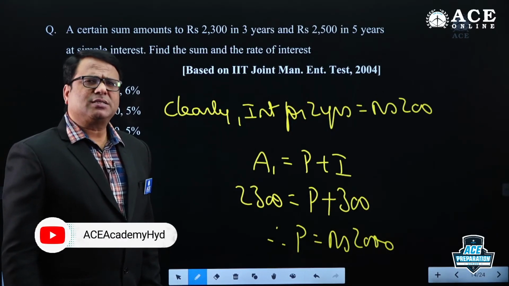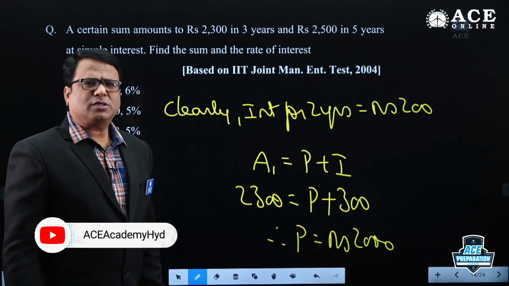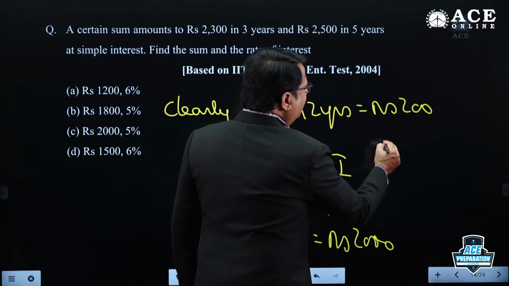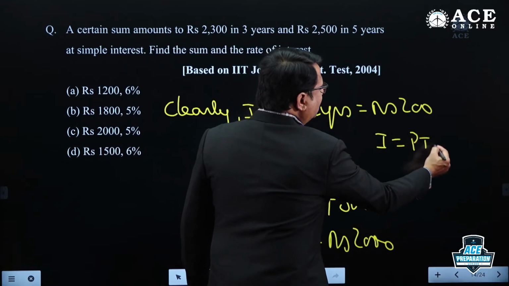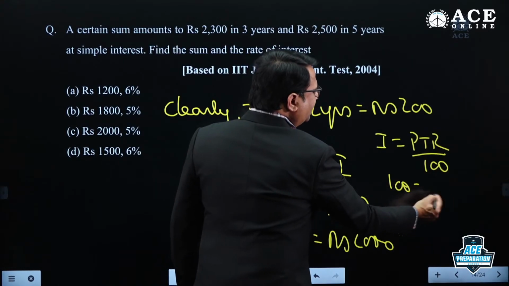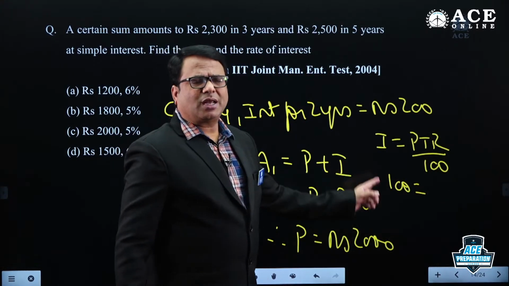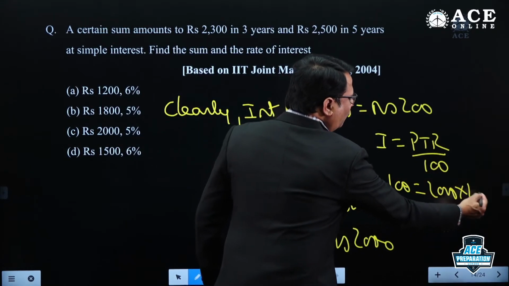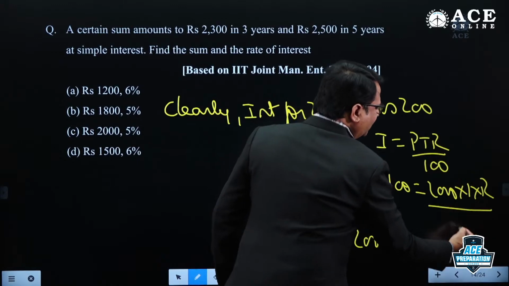But he's also asking us the rate of interest. So what is the formula I gave you? Interest equals PTR by 100. So yearly interest is how much? 100 rupees. Principal is 2,000, time 1 year, into R by 100.